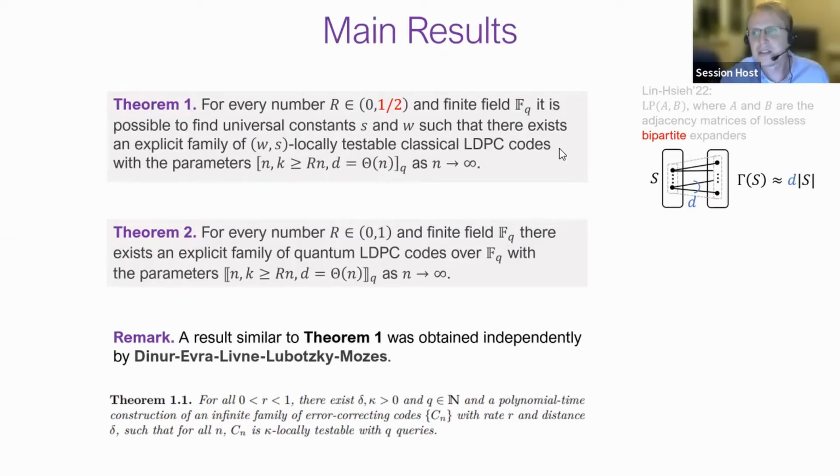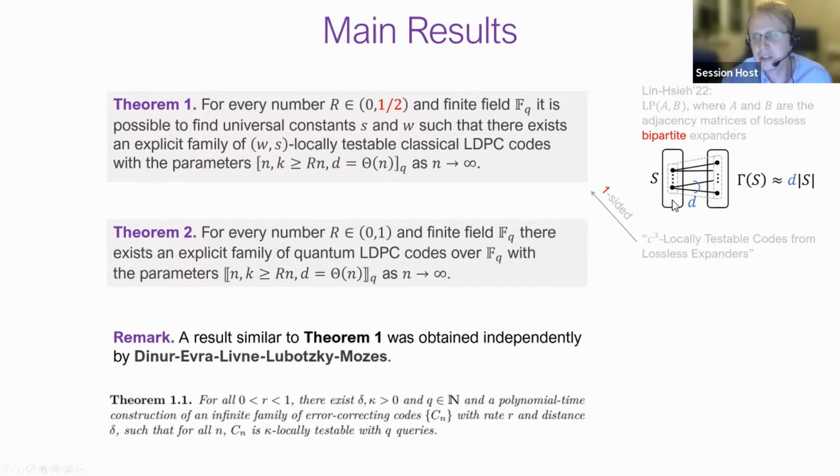It considers a lifted product of two codes A and B defined by parity-check matrices A and B, and if these parity-check matrices are adjacency matrices of bipartite lossless expanders, then you can obtain very interesting codes. And what do I mean by lossless expander?